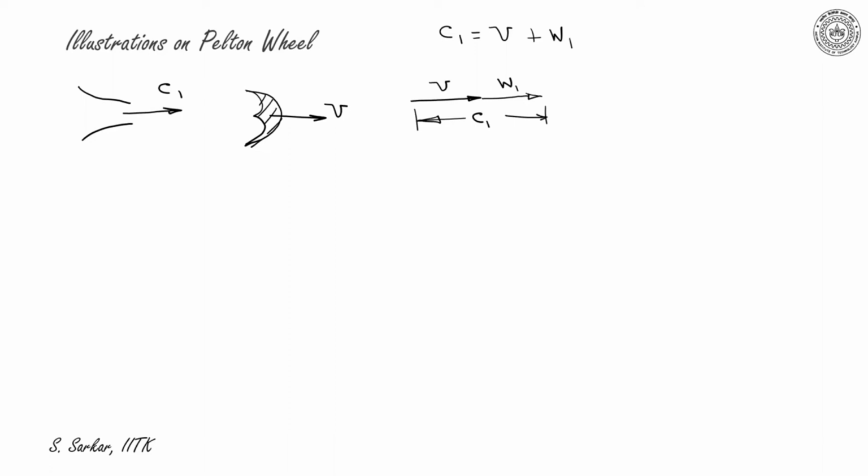So W1 is the relative velocity entering the bucket, and W2 will be the exit relative velocity. Now if I draw the exit velocity triangle, this will be U, this is W2, and this would be C2.